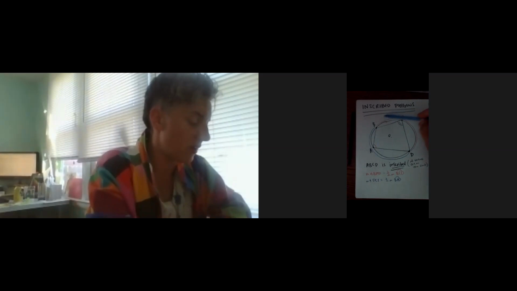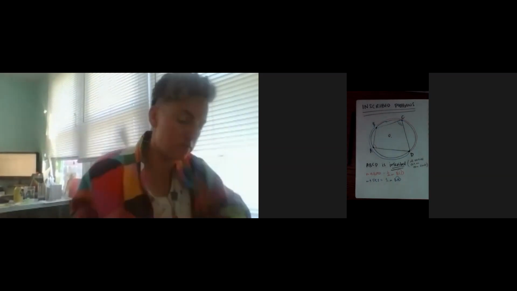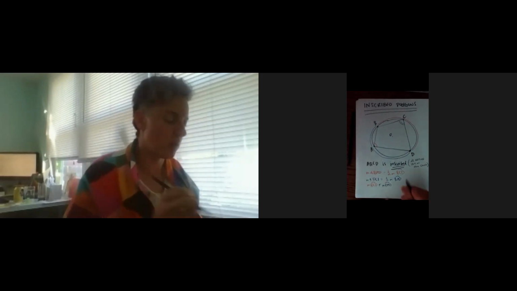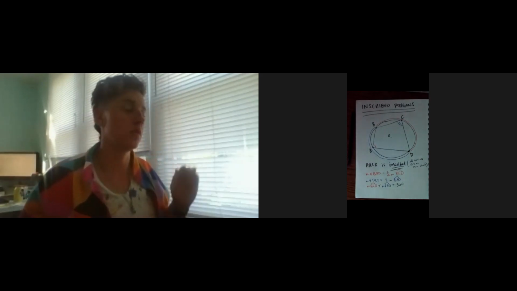We also know that together, this whole thing makes a circle. So we know that the measure of arc BCD plus the measure of arc BAD is equal to a whole circle, which is how much? 360.